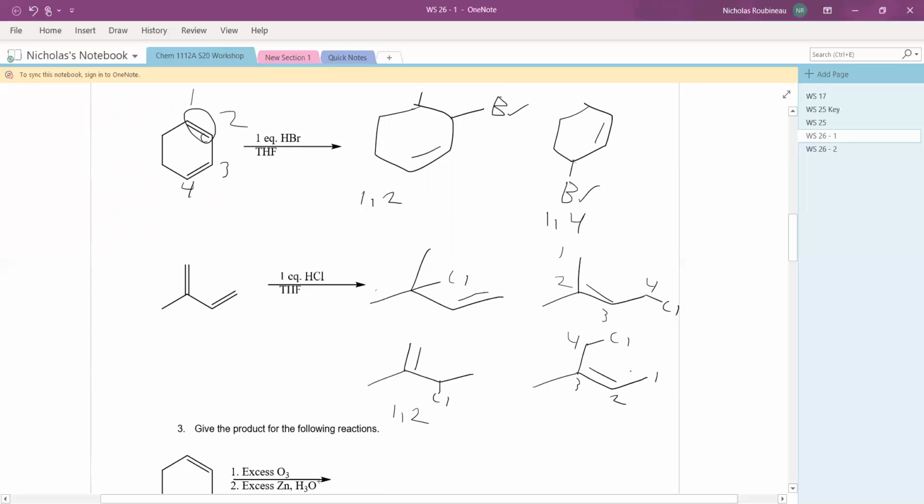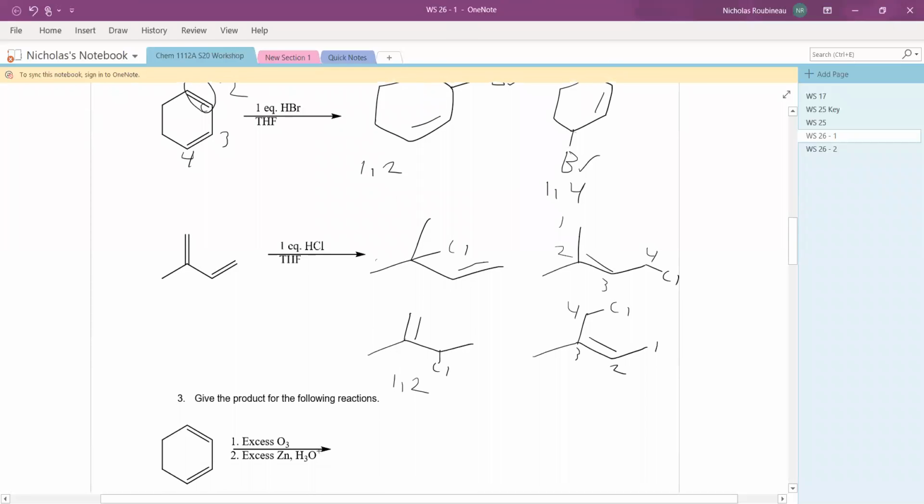Remember, 1 is the beginning of the double bond we initially reacted with, and the double bond in the resonance form always ends up in the same spot, so that's why the double bond's in the same place, but the chlorine's in a different spot, and it would be named differently.